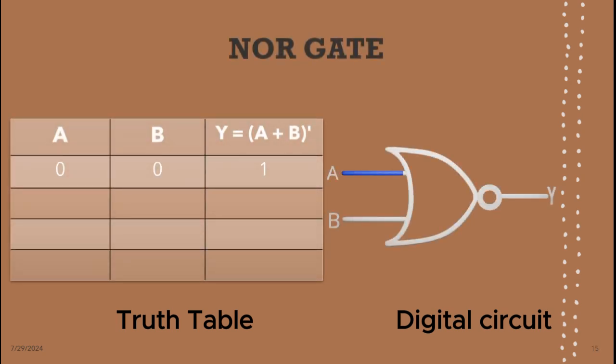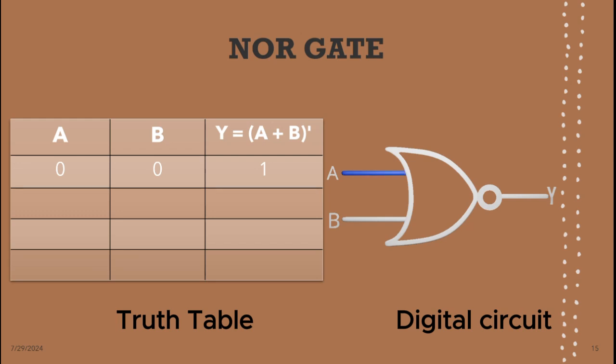So the next gate is NOR gate. NOR gate is basically combination of NOT gate and OR gate. NOR gate is basically inverse of OR gate. As you can see the logical expression that y is equal to A plus B, that shows the OR gate, and then NOT.